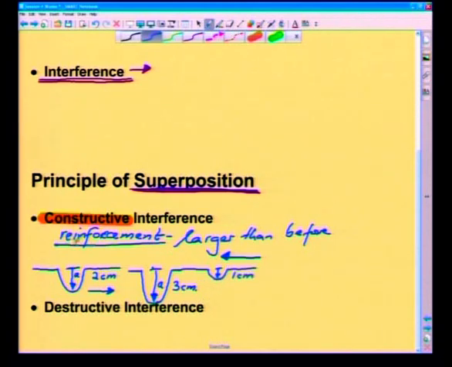So this would be constructive interference. In short, that is what we have in terms of constructive interference.